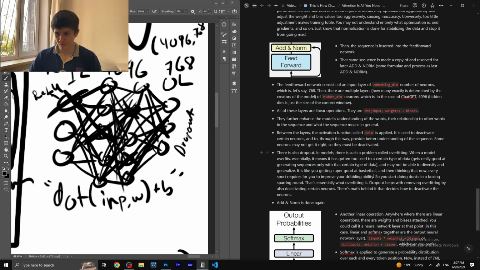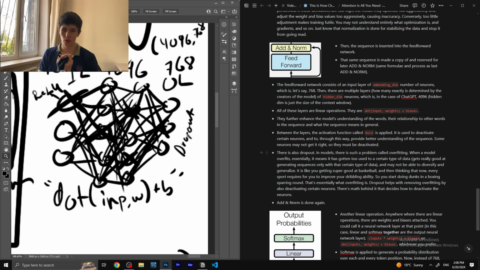But yeah, it's like you getting super good at basketball. You're very good at dribbling, you're very good at dunking and everything. But then you're so stupid that you decide, okay, at every sport, I have to get better at dribbling. That's essentially the problem with overfitting, which is why dropout removes some neurons to stop you from focusing too much on one type of way.